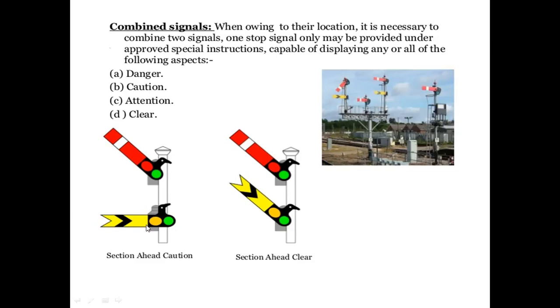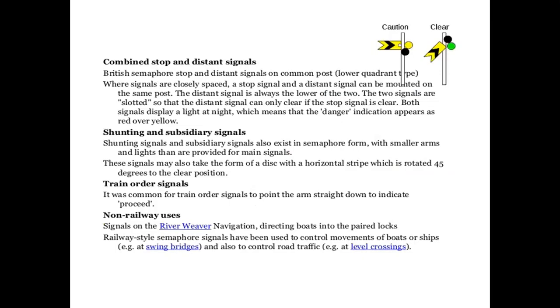These are the combined signals used for the movement of the locomotive in the direction of the movement.